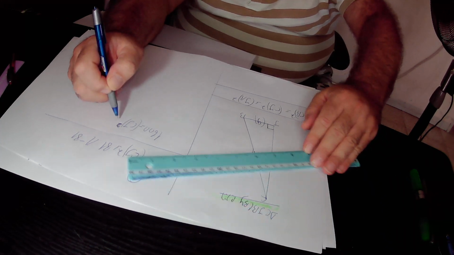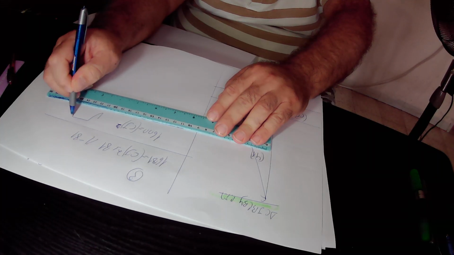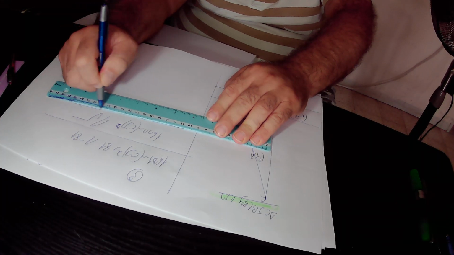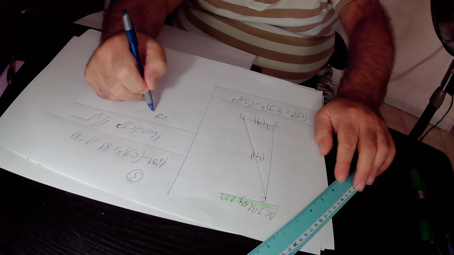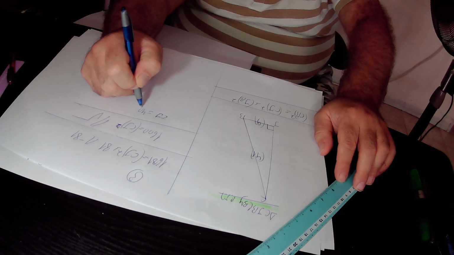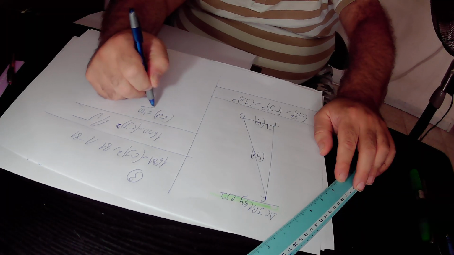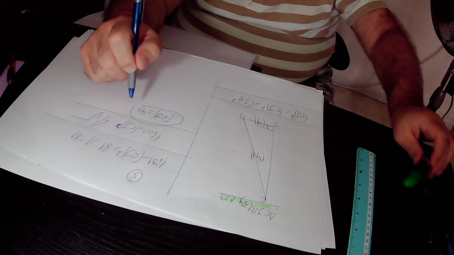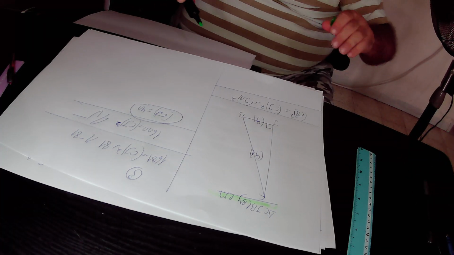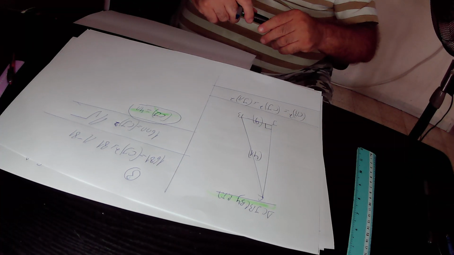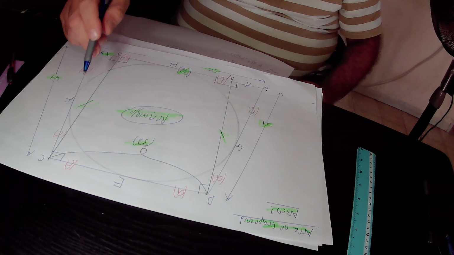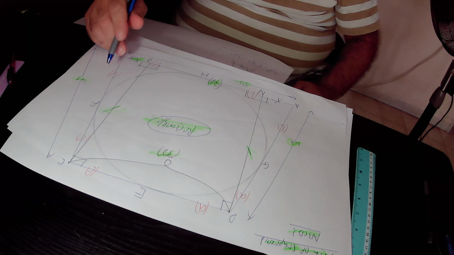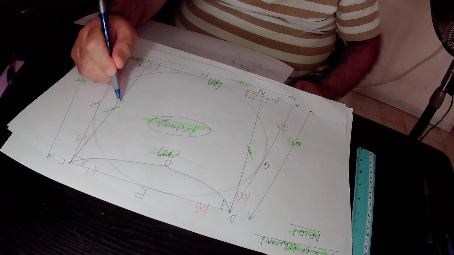CJ squared equals 1600. Here we take the square root of this equation, and we get that the missing side CJ is equal to the square root of 1600, that is 40. So CJ equals 40 units in its length.